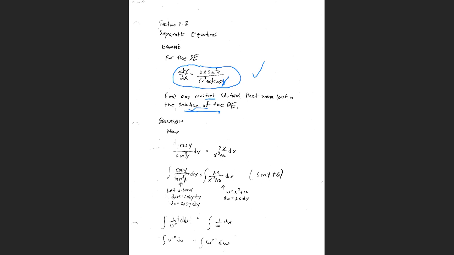So if we were to separate the variables, we'd have the cosine of y over sine squared of y equals 2x over x squared plus 10 dx. And then, of course, the sine of y cannot equal 0. That's important, right?